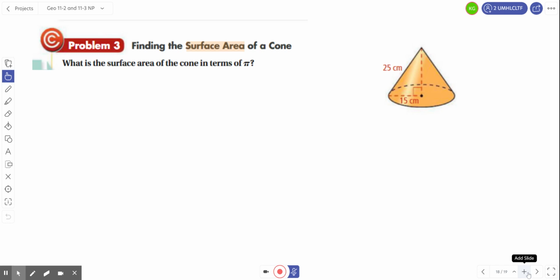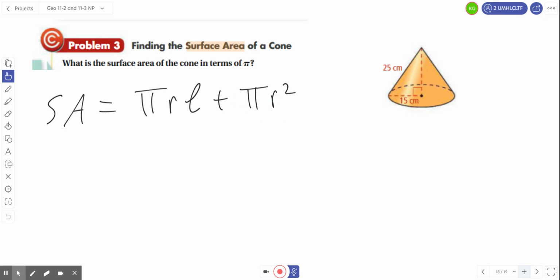And let's give it a shot. So here's a cone. So our formula, surface area equals pi times r times L plus pi r squared.